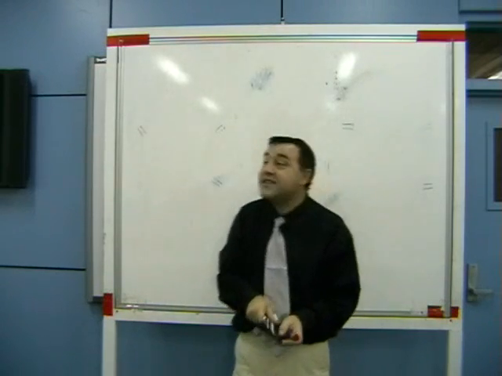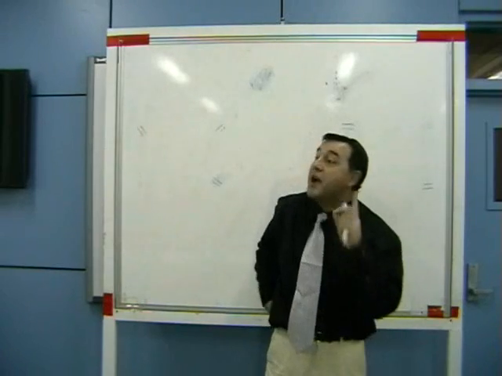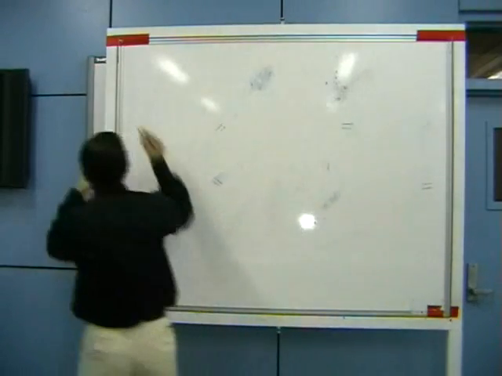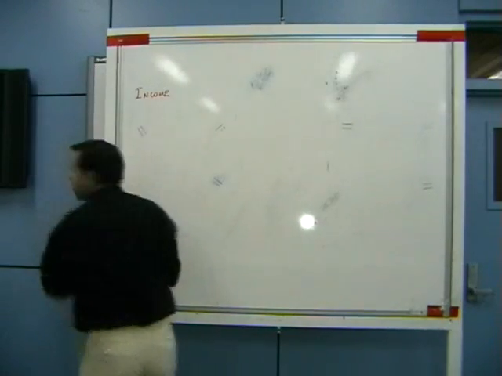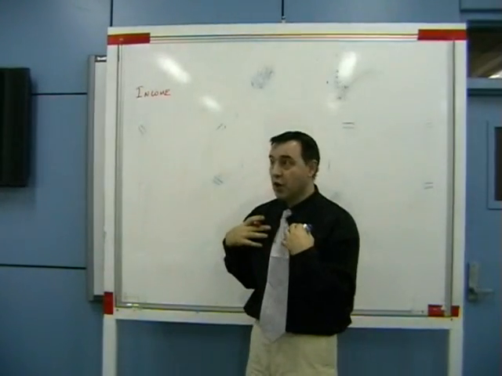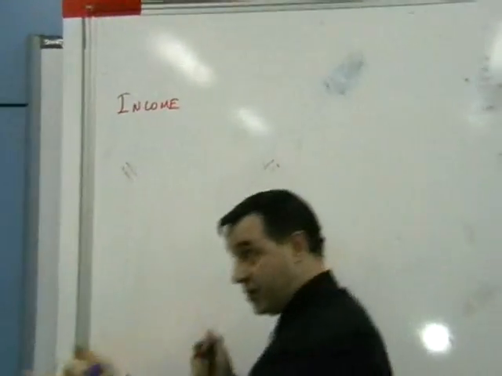Okay, so now let's define, because it's very important, we actually had this discussion. You have two types of income. Income for a person or a family, and income for the whole economy, national income.